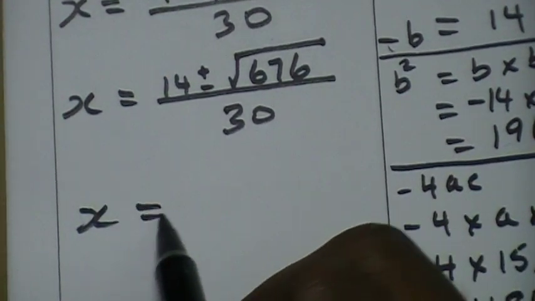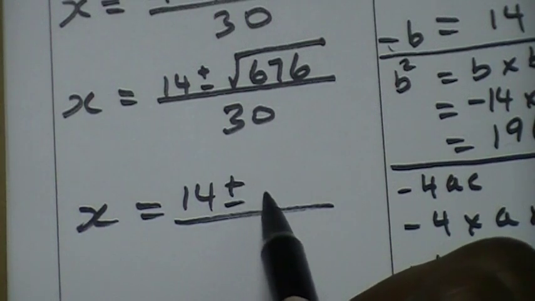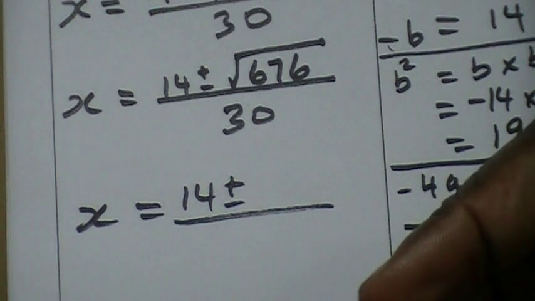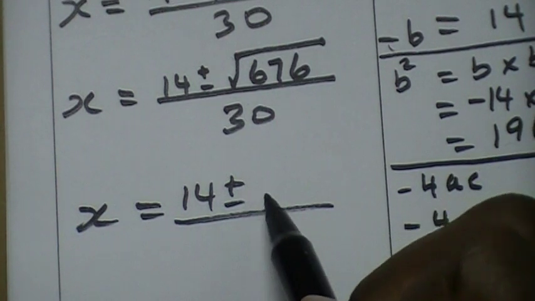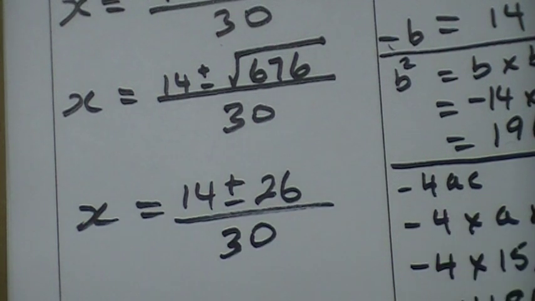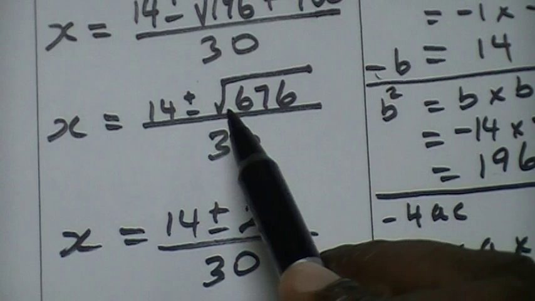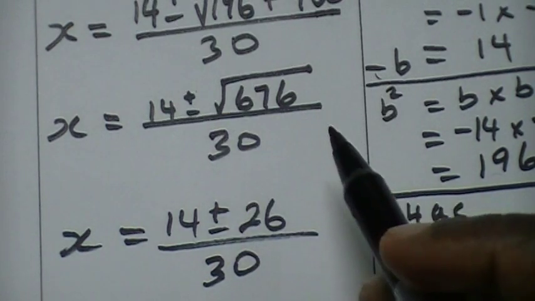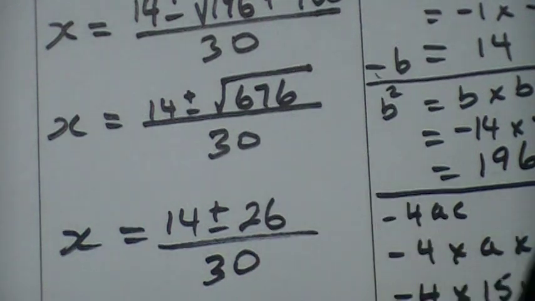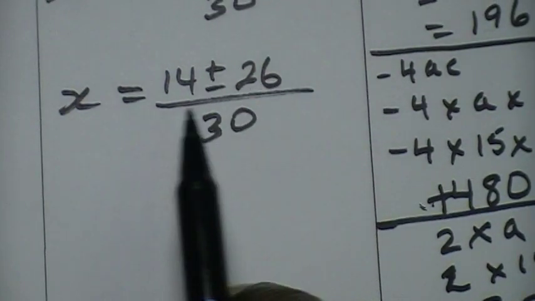The square root of 676 using the calculator gives us 26, divided by 30. You look for this little square root symbol on the calculator. Sometimes you have to press shift and then the x squared button to get the square root symbol. So now we have 14 plus or minus 26 all over 30.